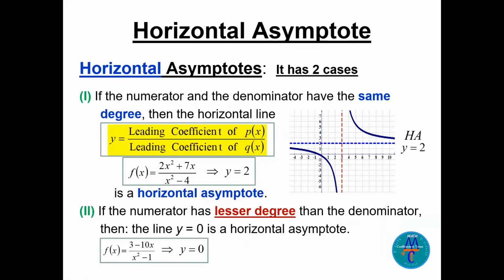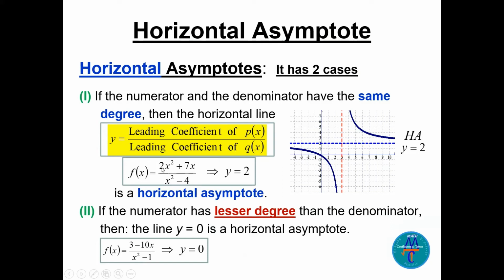A horizontal asymptote. This is a horizontal line, y equals something. Vertical line, x equals something. So here you look at the degree of the numerator and the denominator. If they are the same, then you take the leading coefficient of p of x over the leading coefficient of q of x.